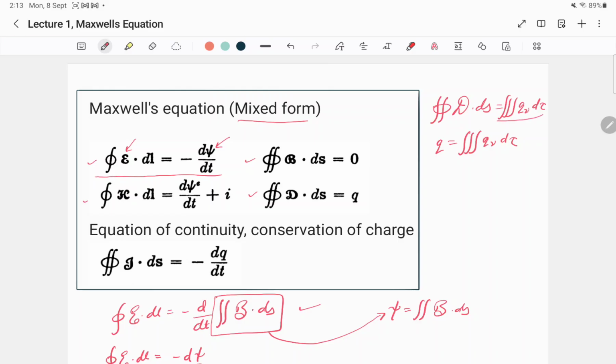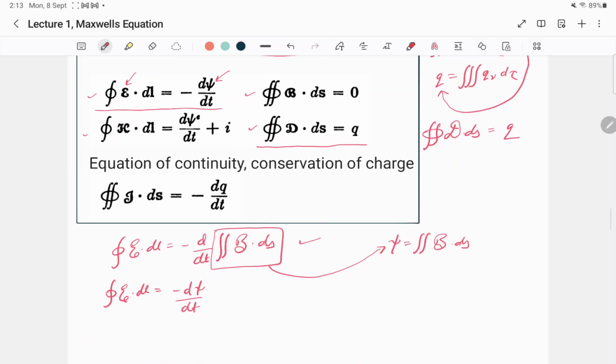So this entire term can be replaced with q, so it becomes the closed surface integration of D dot dS is equal to q, which is written in this equation.